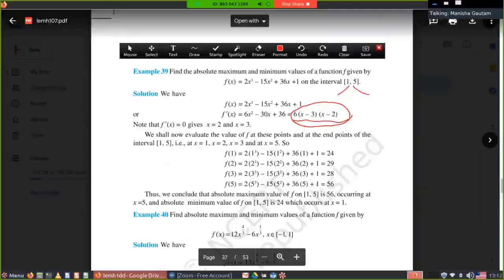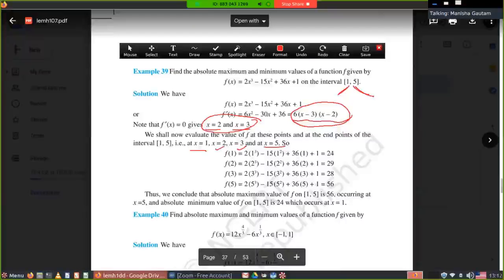If I got here two critical points, x is equal to 2 and x is equal to 3, then if I'm talking about absolute maxima and absolute minima, we have to take the end points of the closed interval also. It means I have to check the function at x is equal to 1, which is the first end point, and x is equal to 5, which is the last point in the closed interval, and the two critical points, x is equal to 2 and x is equal to 3.